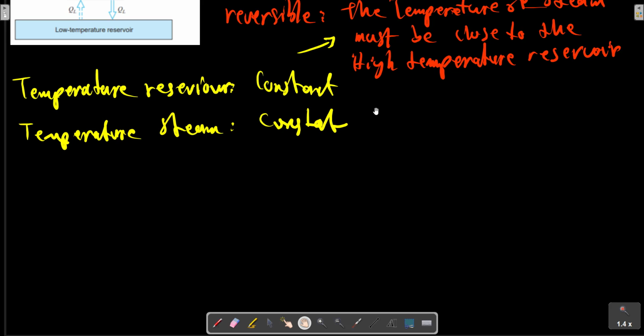Therefore, the first process in the Carnot cycle is a reversible isothermal process in which heat is transferred from the high temperature reservoir to the working fluid.